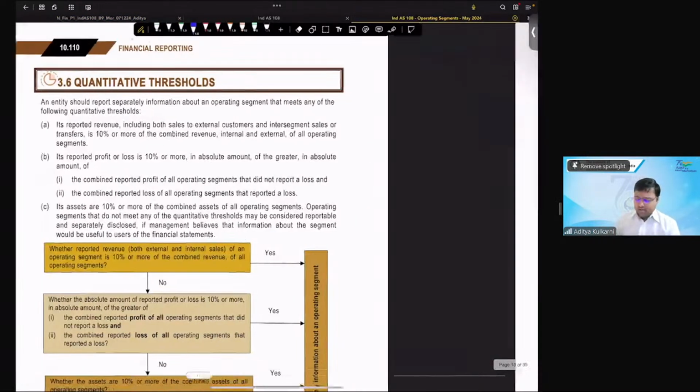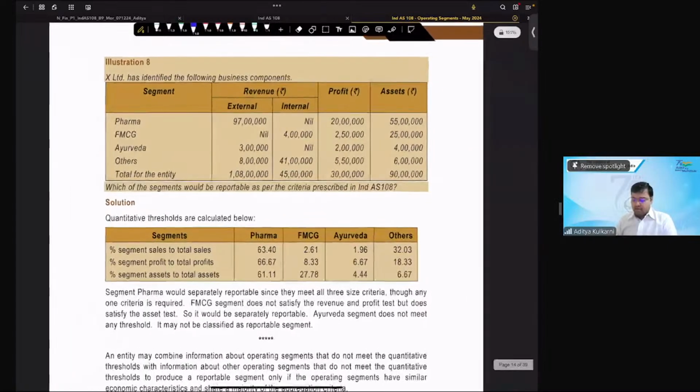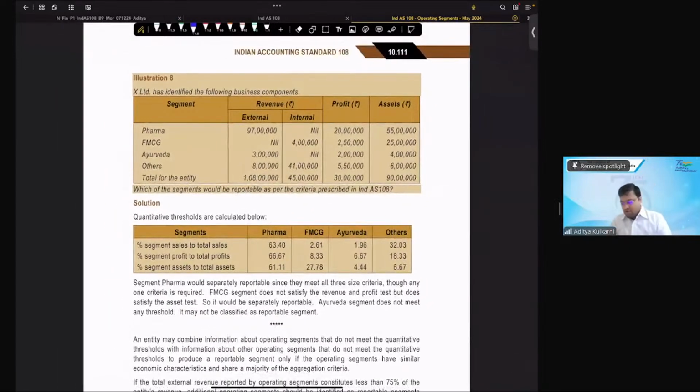See, this is all simple arithmetic. I'm not going to wait; we'll just look at the solutions, then you can understand. Look at the quantitative thresholds for pharma.